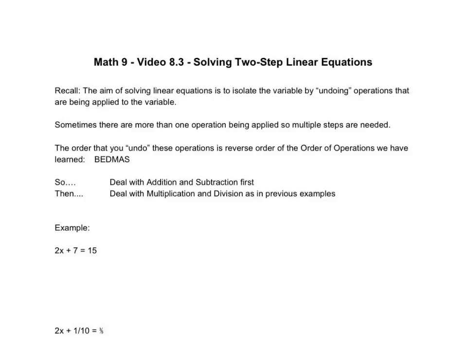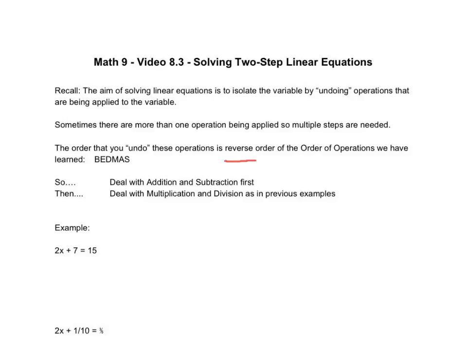The reality is sometimes there is more than one operation being applied. That means we're going to need to undo more than one operation, and that's going to take multiple steps. The order that you undo these operations is related to order of operations, but it's actually the reverse order.